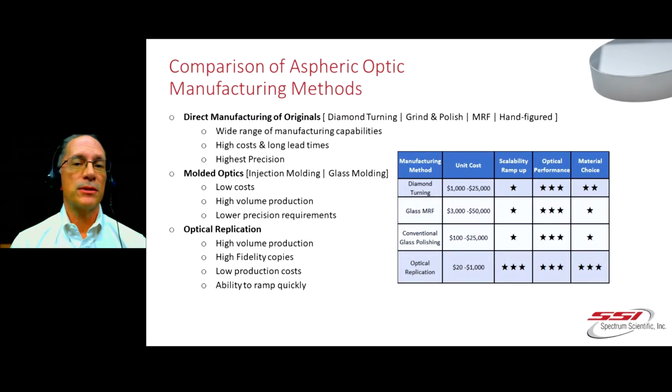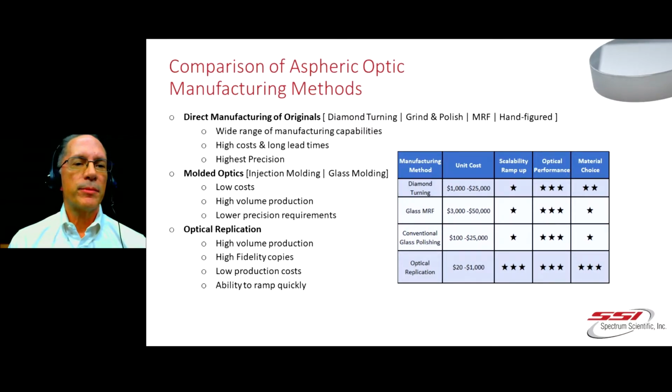And then there's hand figured. In the old days, before they had the machines that are available now in the CNC tools, things were hand figured. Those optics are very high precision, and those methods provide very nice optics indeed.